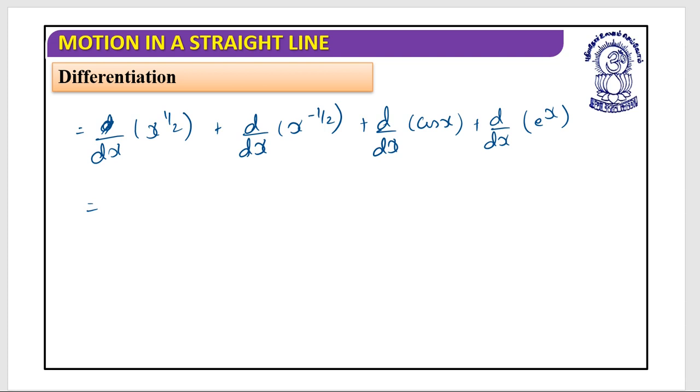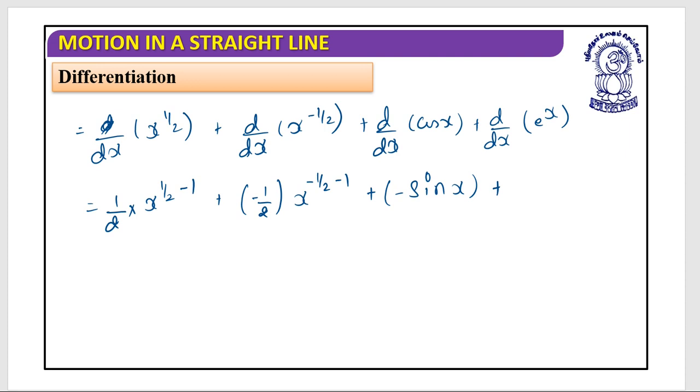Now for d by dx of x to the power half, it would be 1 by 2 into x to the power half minus 1, plus minus 1 by 2 into x to the power minus 1 by 2 minus 1, plus d by dx of cos x. It would be minus sin x, and d by dx of e to the power x is e to the power x itself.